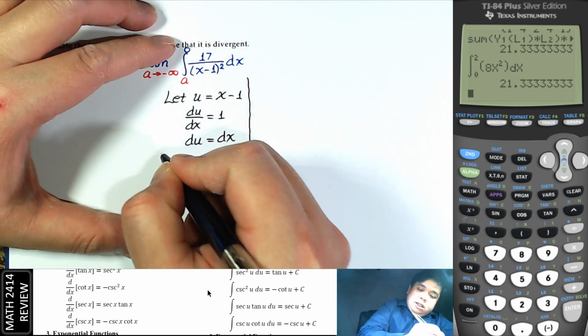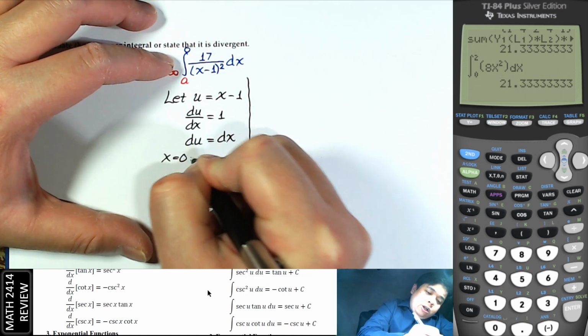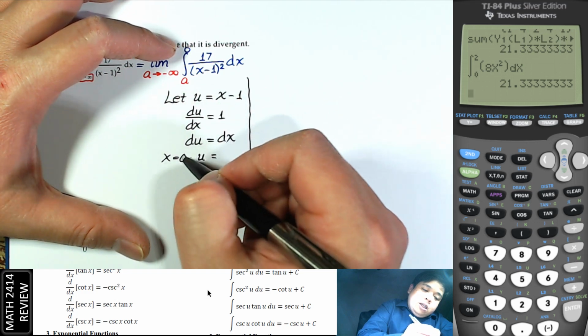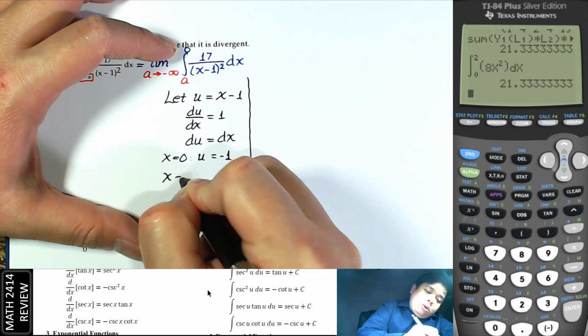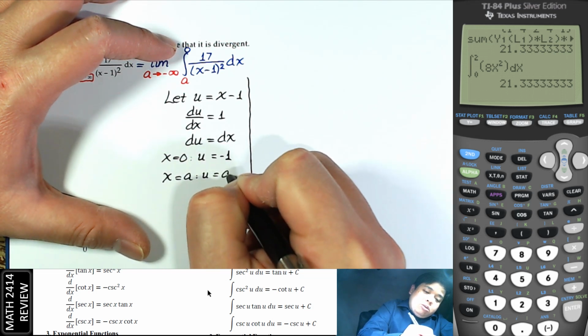When x equals 0, u is equal to what? 0 minus 1. When x equals a, u is equal to x minus 1, so a minus 1.